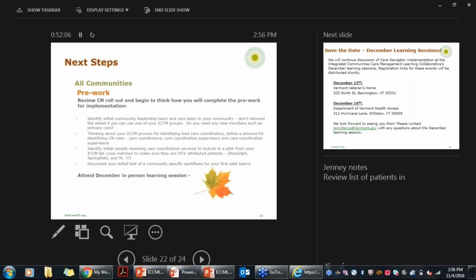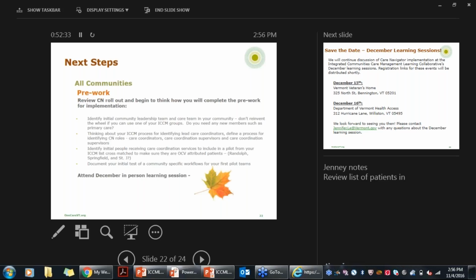And as we know, with contracts and everything and sharing data, things can take a little while. At first I was hearing in January that the attributed patients from CHAC and Health First would go into Care Navigator, and then I heard the first quarter, and now I'm saying here in the first part of the year. So I think it's going to be a little variable. We're having to be flexible in those time frames, but we'll work with those communities.